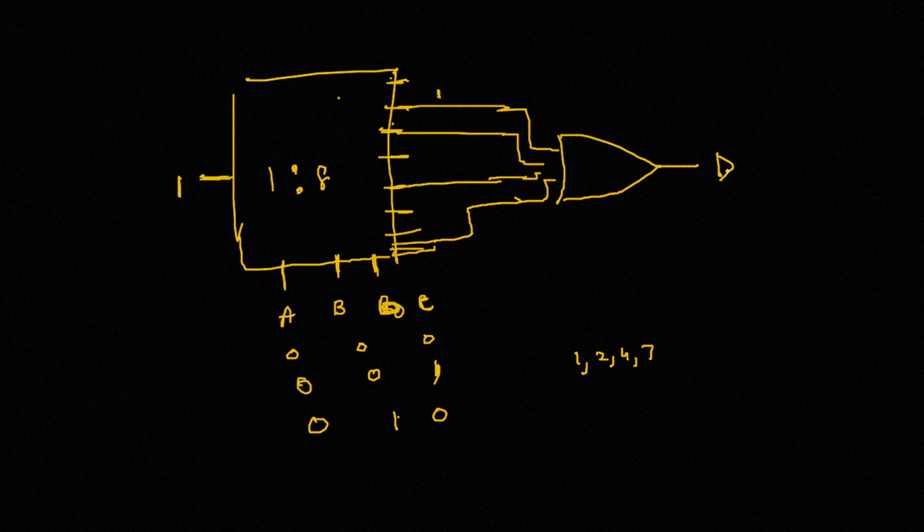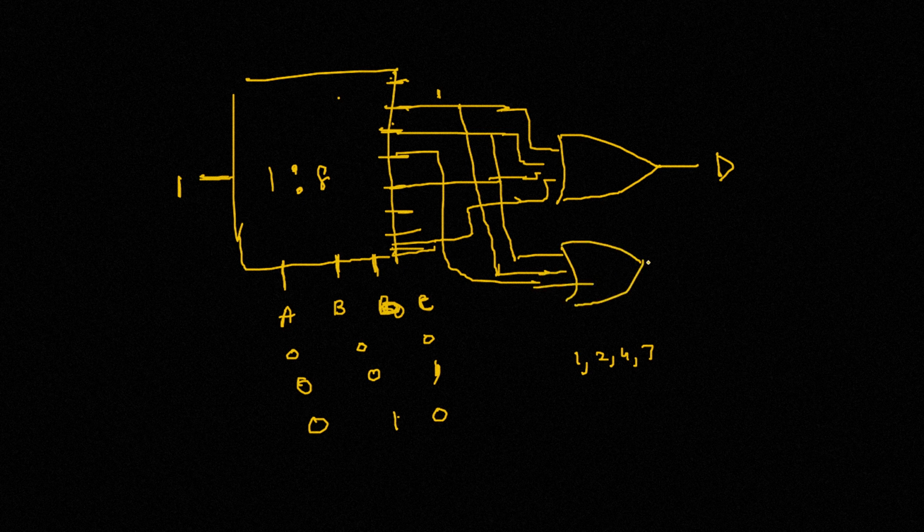So the difference comes out as 1, right? Similarly for borrow, we need to take 1, 3, and 7, not 2. So it is 1, 2, 3, and 7, and these are taken through an OR gate as well, and this gives us the borrow. Let me just make this a little better.